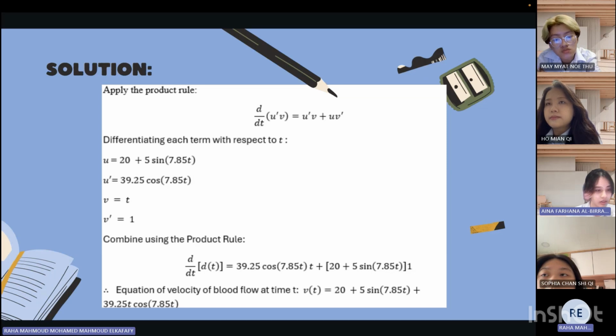And the equation of velocity v(t) at any time t is 20 plus 5 sine 7.85t plus 39.25t cos 7.85t. This equation gives us the instantaneous velocity at time t, combining the steady base rate, the pulsing effects from the heartbeat, and how it varies with time.